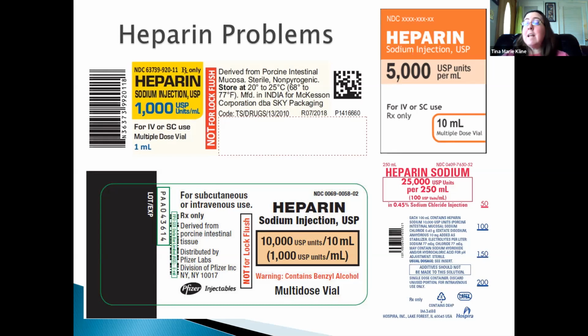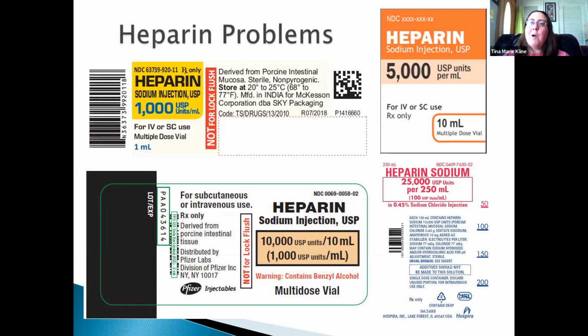Heparin is also used in all age groups. Back in, I want to say it was the late 90s or the early 2000s, at a hospital in Indianapolis, I almost want to say it was Indiana University, I'm not sure, in their NICU, there were 10 babies that were overdosed on heparin. And when they traced it back, the heparin was being used just to flush IVs. It wasn't actually being given to the patient that way, but it was being used to flush IVs to keep them open.